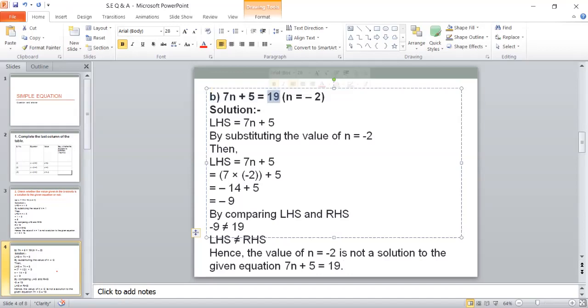Only if the value of the unknown variable is the solution of the equation, whenever we put the value of n in the place of n in the equation, we will get LHS is equal to RHS. If the given value is not a solution, then LHS is not equal to RHS will come.